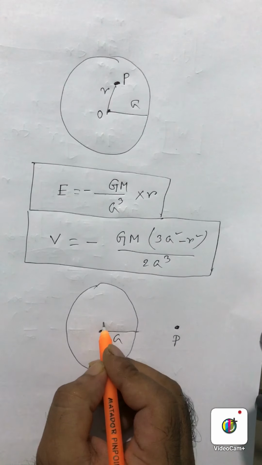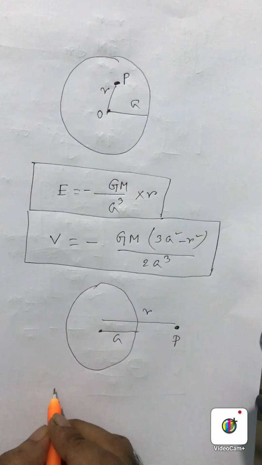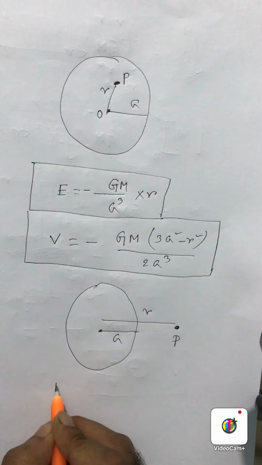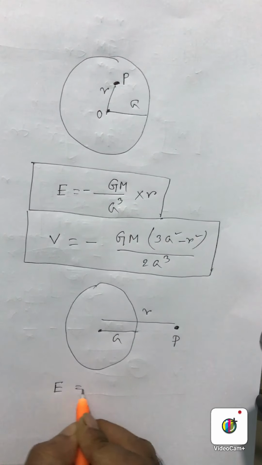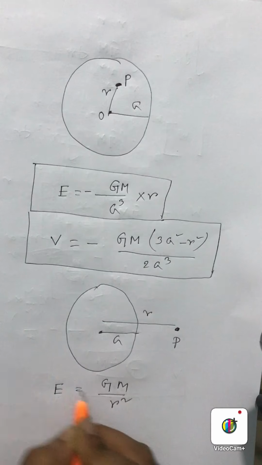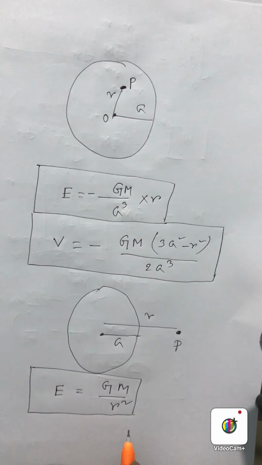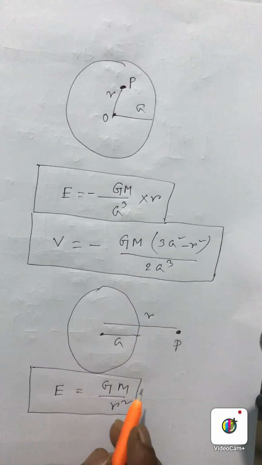The distance from the center to point P is r. So the gravitational field intensity E is equal to GM by r squared. By using this formula, we calculate the gravitational field intensity at point P.